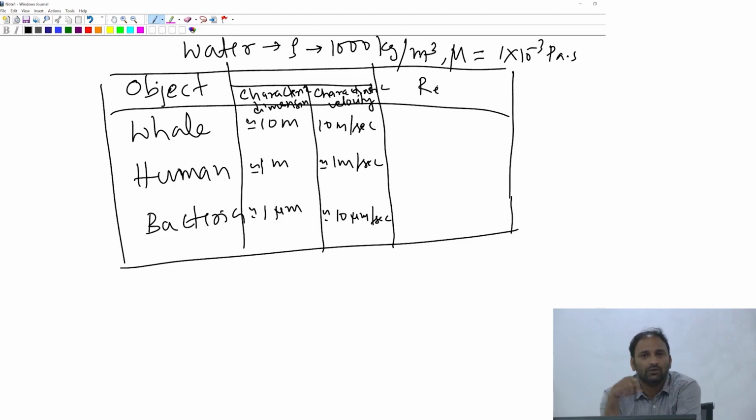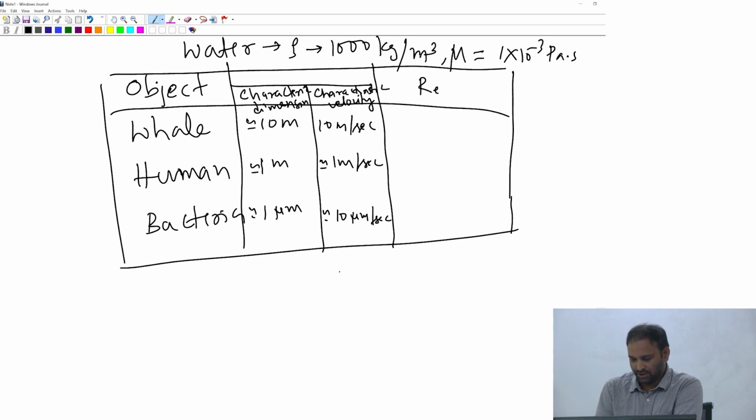I would like you to tell me the Reynolds number associated with the motion of these three different objects, which have different length scales and different velocities. Can you do that quickly? All of you know the definition of Reynolds number.